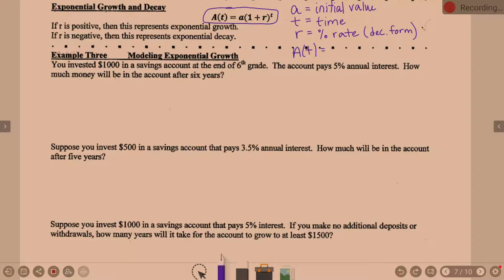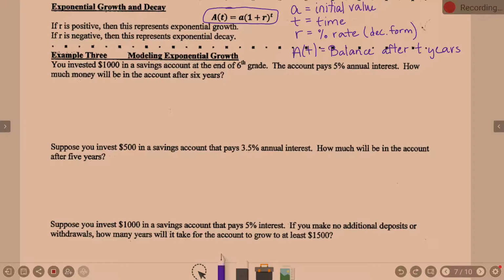So I'm going to say this is the balance or amount after t years. Just so you know, for what we're doing at this level, A of t is usually what we're trying to find. We're usually trying to find the amount after a number of years.